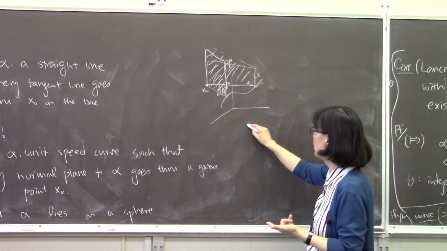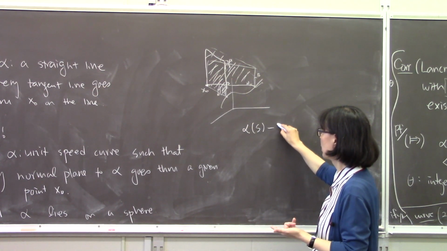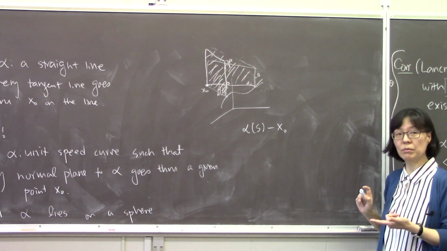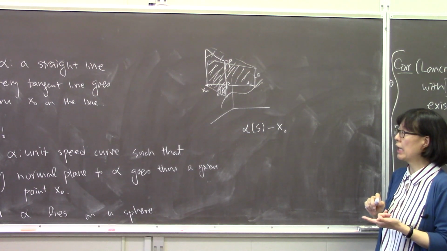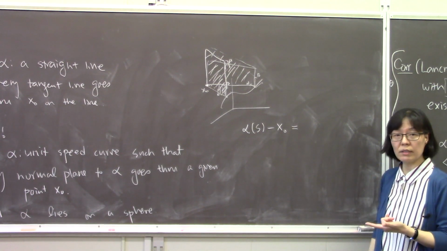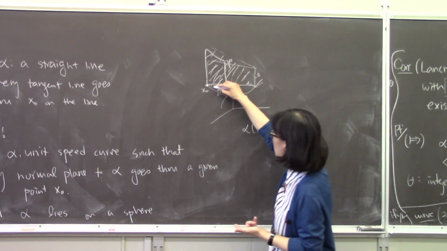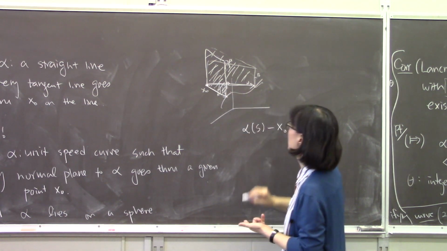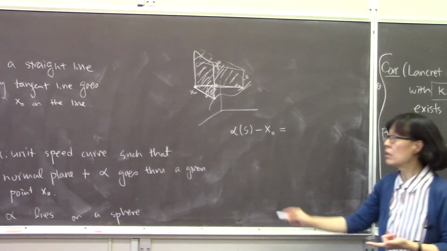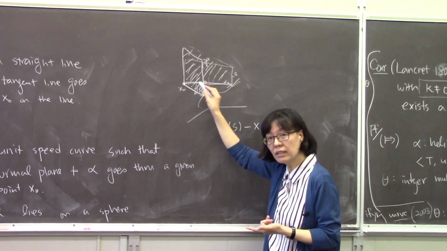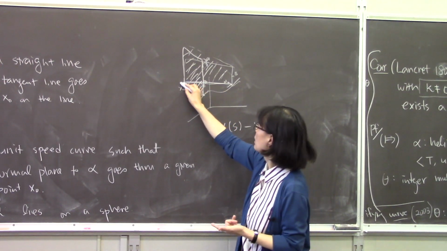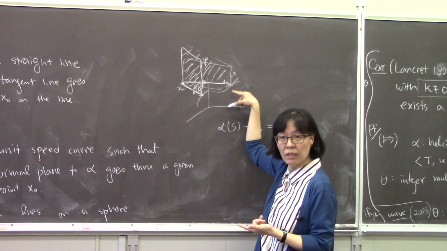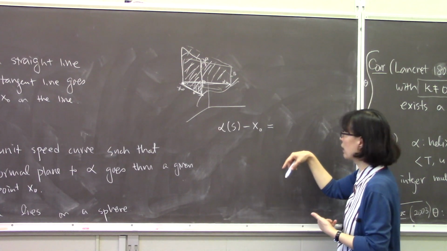That means what? That's a vector from x0 to the point on the curve. That is this vector and that vector. So these vectors are in the normal plane, right?